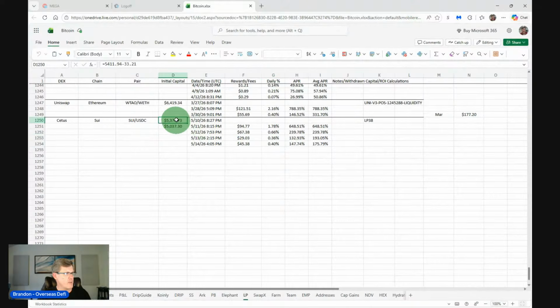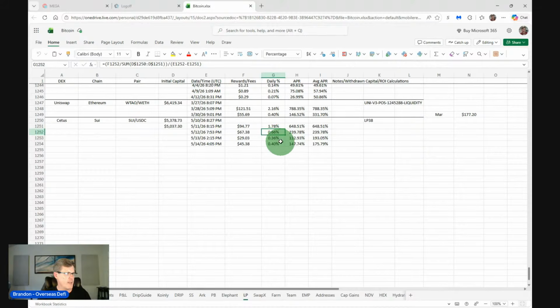And you can see the position. I started it out with $5,300. The next day, I put another $5,000 in there and collected my fees. And you can see here the last 3 days I've been collecting my fees. Kind of averages out to about $40. Let's see.